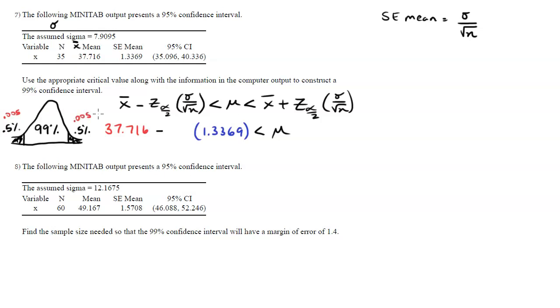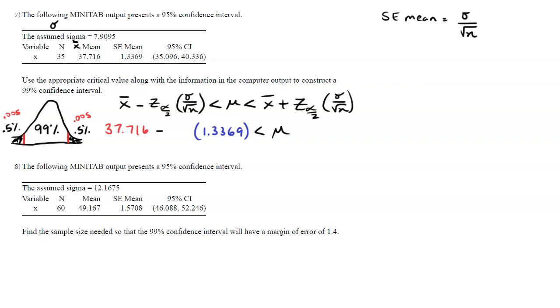Now, if you're using the longer approach to determine the critical value, that's our critical value here. To determine what these values are, you can go to the Z distribution table, which gives us the area to the left of a particular Z value, and find 0.005.